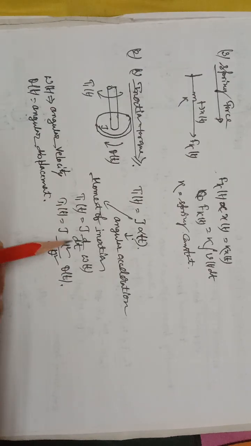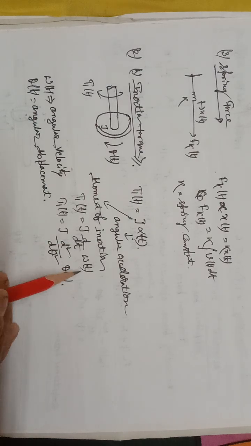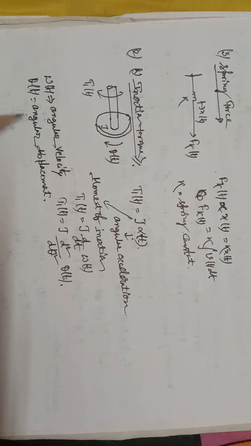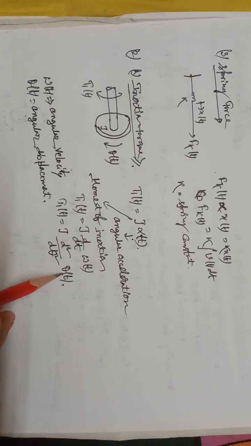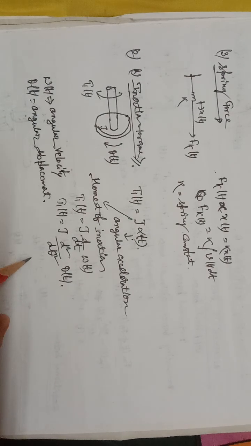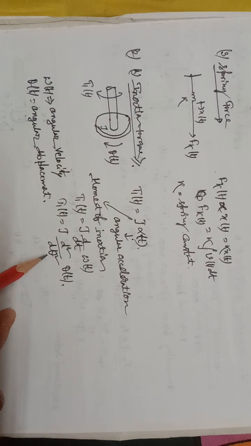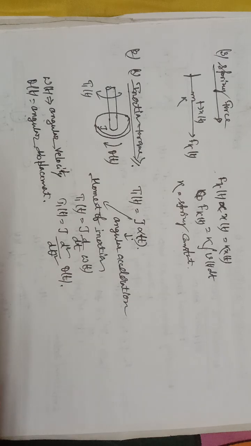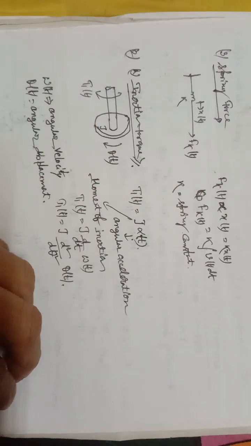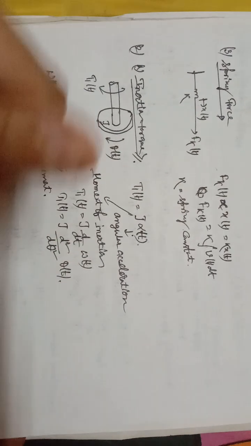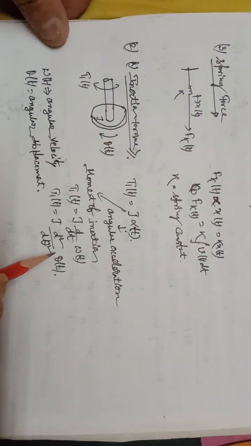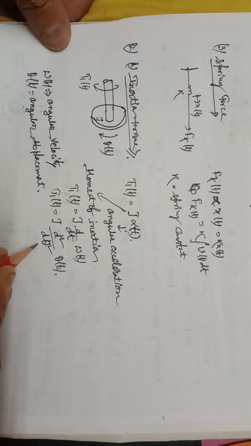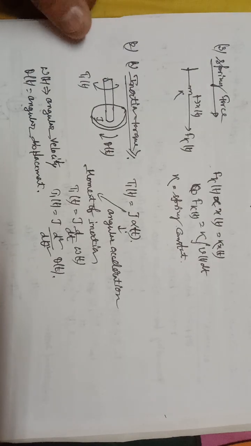Now omega(t) is converted to angular displacement, so T1(t) is equal to J d square theta(t) by dt square.